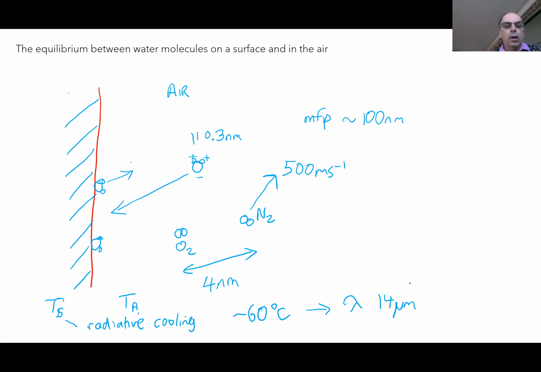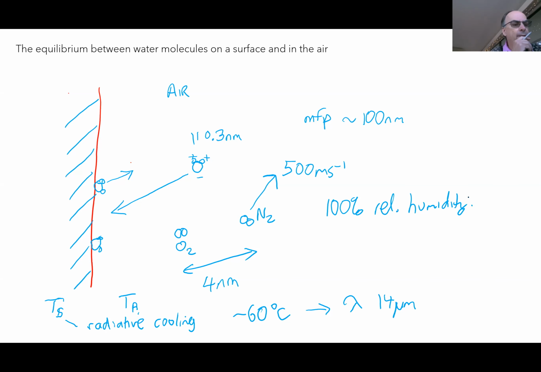So the surface sees the cold background of space and it cools down, heading towards 3 degrees Kelvin, but not getting there, obviously. And as soon as it's slightly below the temperature of the air, the problem is that the Antarctic air is pretty much 100% relative humidity, so it contains as much water vapor as it can. So any time that a surface is below the ambient temperature, it will start to accumulate water molecules.